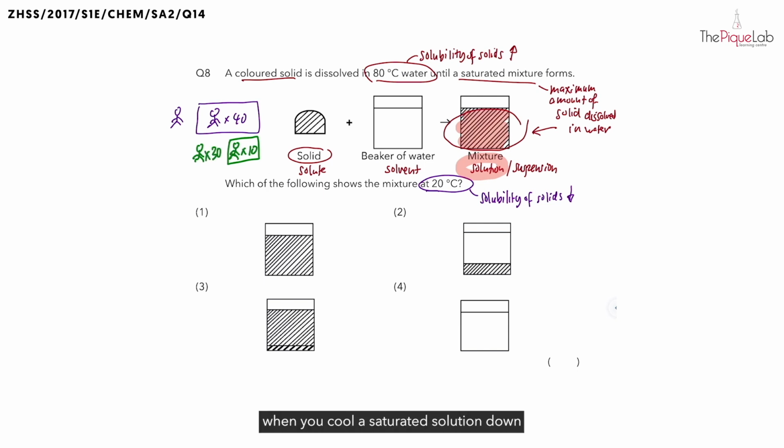Similarly, what happens when you cool a saturated solution down to a lower temperature? Since solutes have a lower solubility in cold water, the cooled solution cannot hold as much solute as compared to when it was hot. So the excess solute will be kicked out of the solution and start to form crystals, which will settle to the bottom of the beaker. So we are looking for some solids at the bottom of a beaker of a coloured solution.